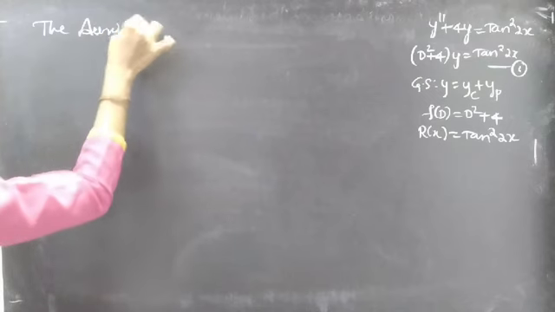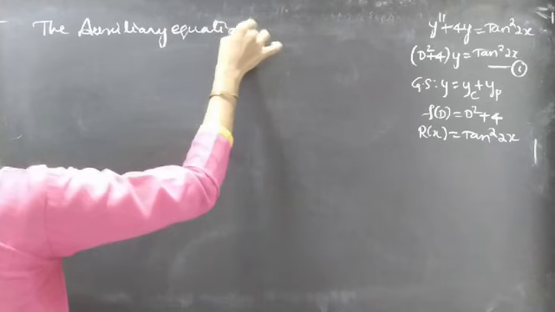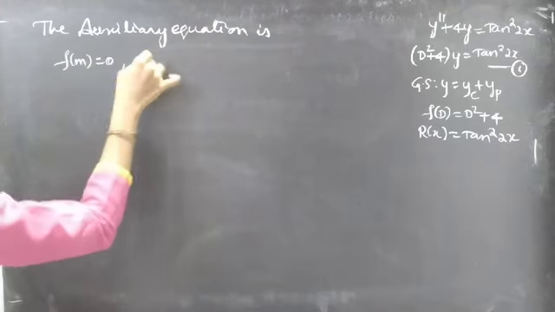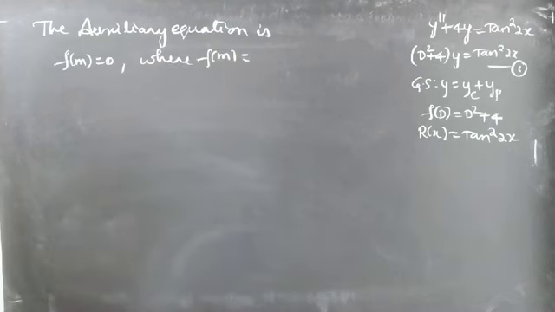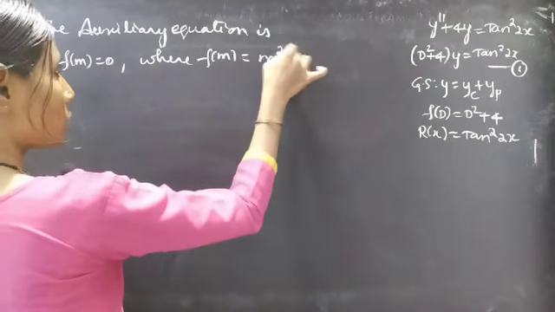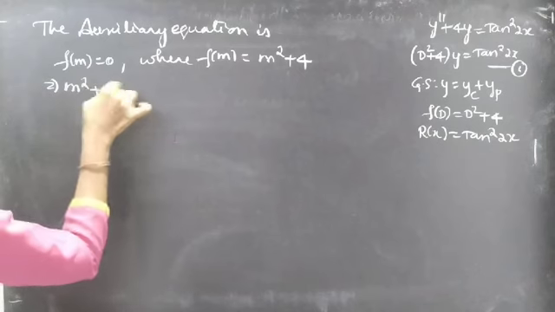The auxiliary equation is f of m equal to 0, where we have f of D equal to D square plus 4. Let's replace D with m, so that we'll get f of m equal to m square plus 4. Then the auxiliary equation becomes m square plus 4 equals 0.